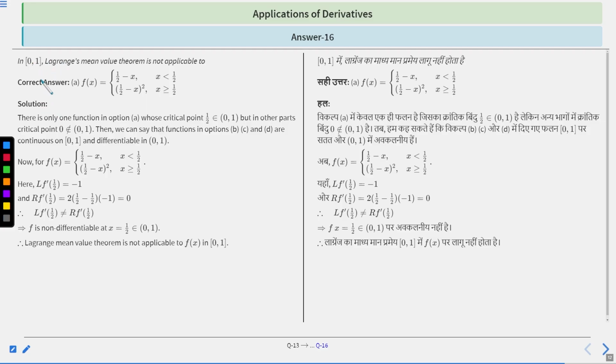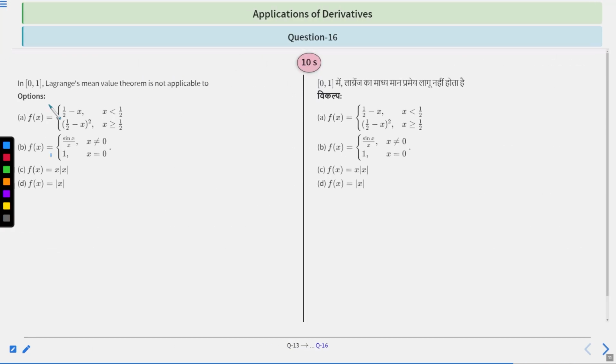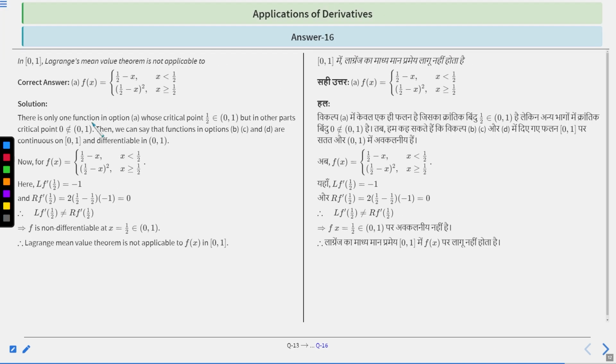So in option A there is one critical point, 1/2, which belongs to (0, 1), but in the other options the critical point 0 does not belong to (0, 1).